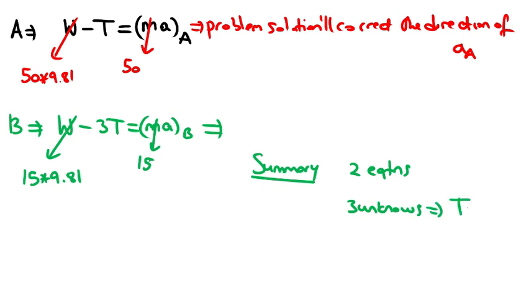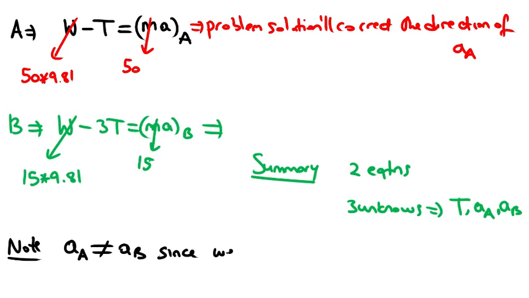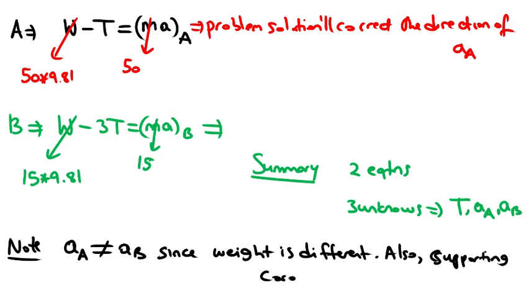That is T, and that is A of A, and that is A of B. Let me add this note: the acceleration of A is not equal to the acceleration of B, since the weights are different. Even if the weight were the same, the supporting cords are different. That's the main issue here.